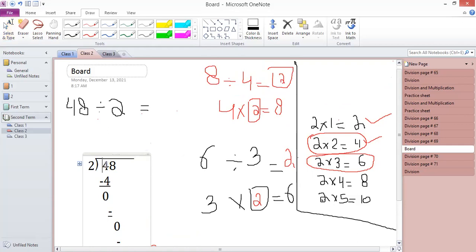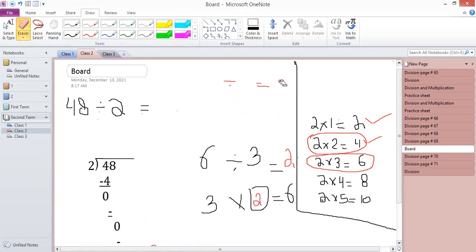First you will start dividing 4 by 2. To divide 4 by 2, you will check the table of 2: how many times of 2 is 4. 2 multiplied by 1 is 2, and 2 multiplied by 2 is equal to 4.